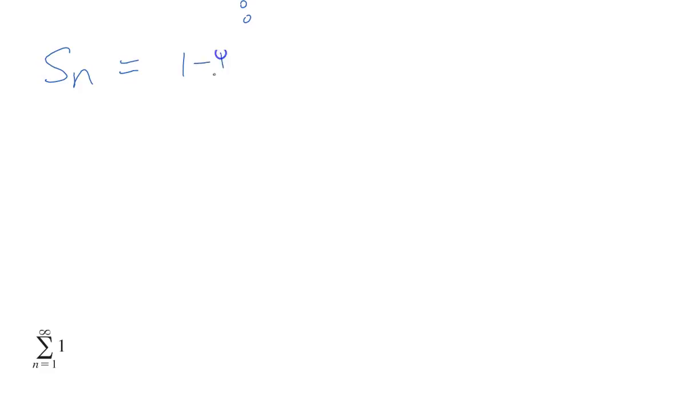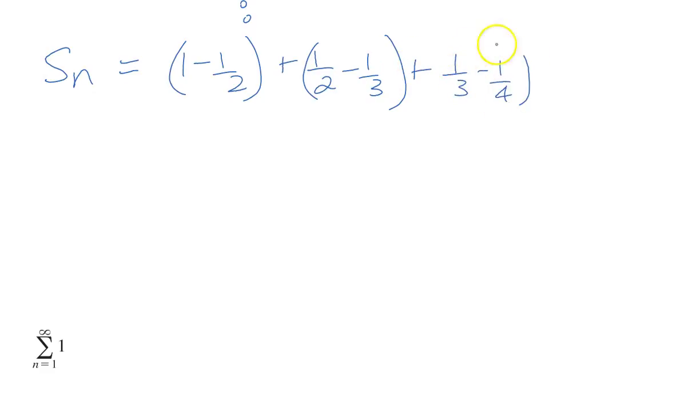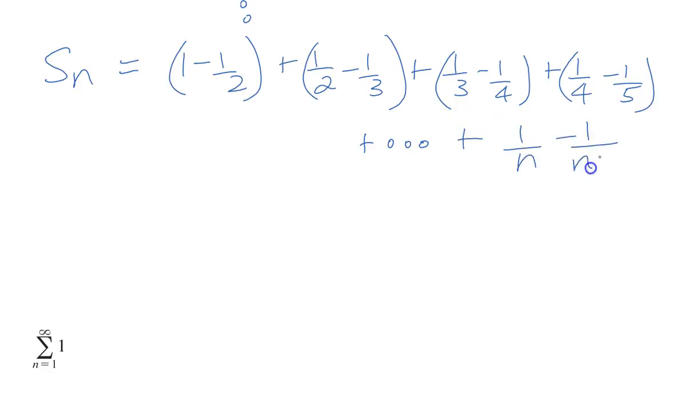So here is our first, plus here is our second, then you have your third, and then your fourth. You get the pattern, don't you? Then a whole bunch of terms, and you go all the way up to the nth term. So what is Sn going to be?